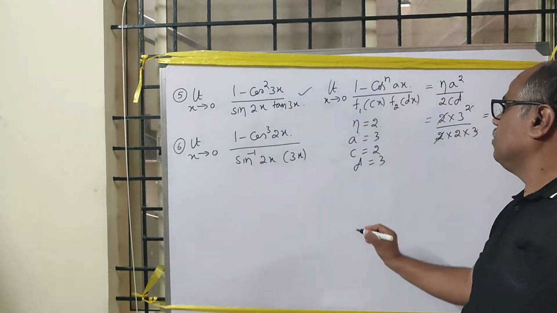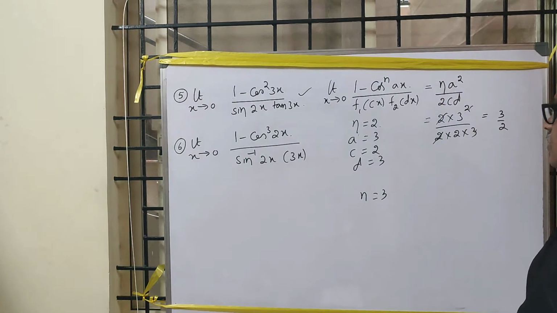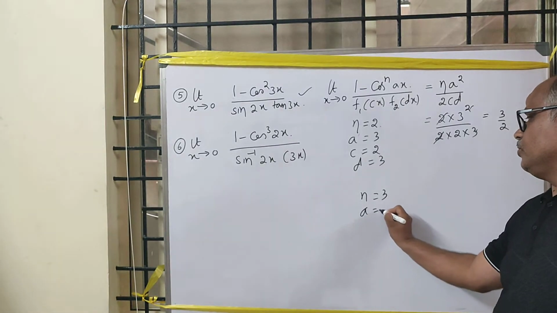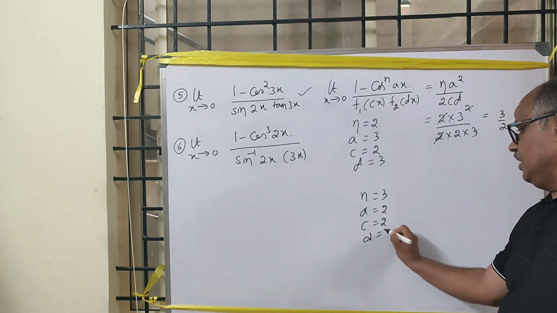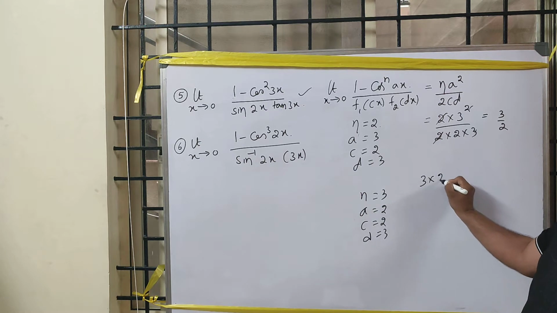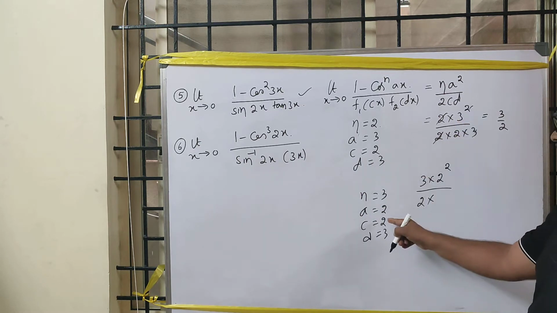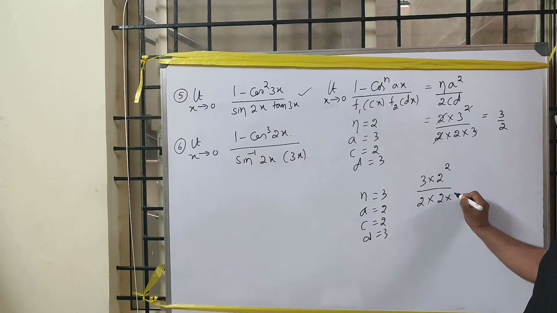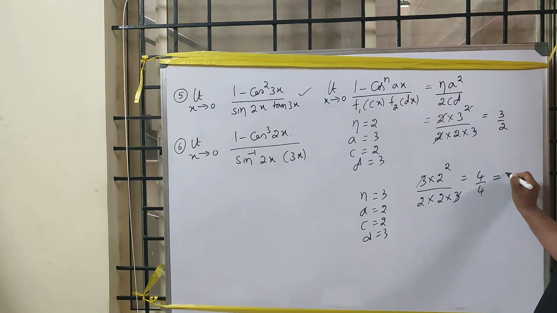Similarly for the second problem, n value is 3, a value is 2, c value is 2, d value is 3. Substitute: n into a square, 3 into 2 square, divided by 2 into c value 2 into d value 3. The 3s get cancelled, 4 divided by 4, the answer is 1.